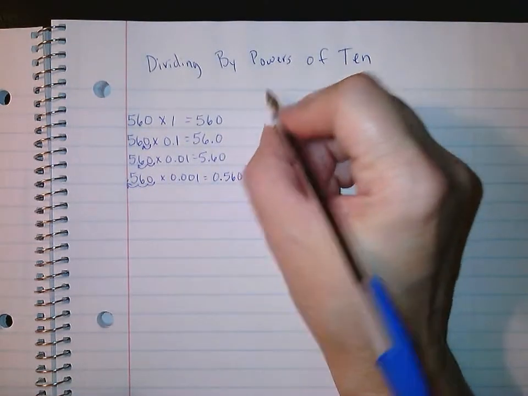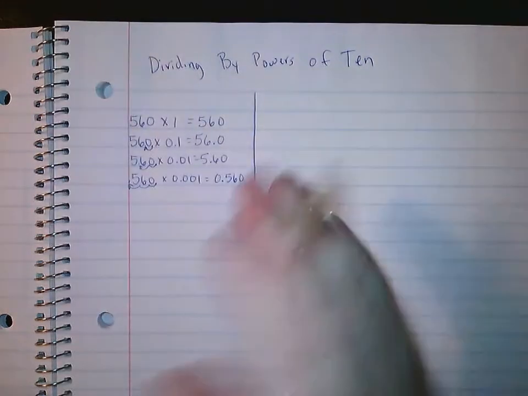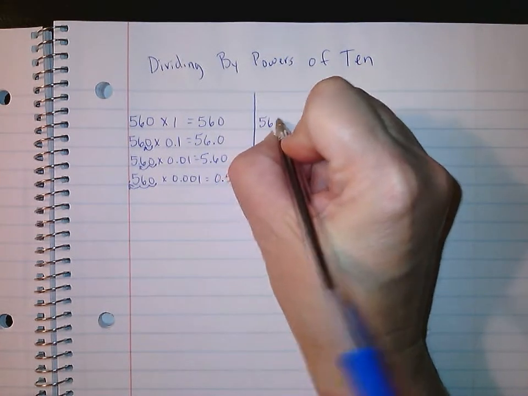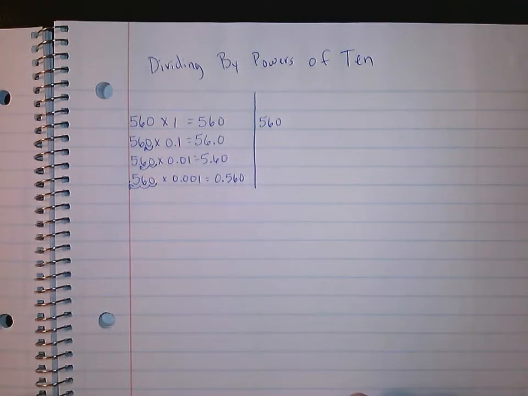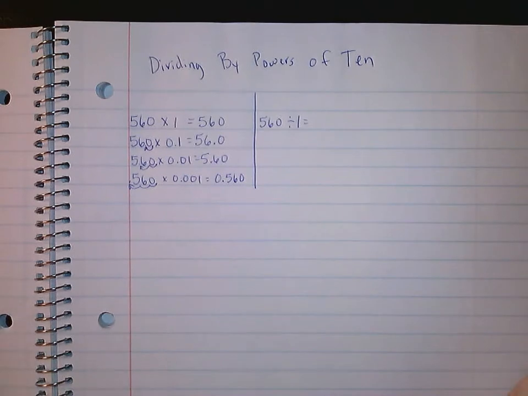So let's take a look. Now I'm going to draw a little line here so I don't bleed over into the next column. So I'm going to do 560 again, and I'm going to divide by 1. Now what happens when you divide a number by 1? It's the same as when you multiply it by 1. It's the same number.